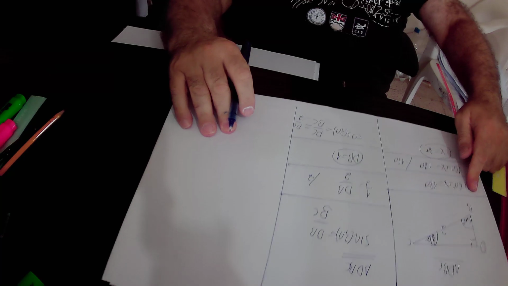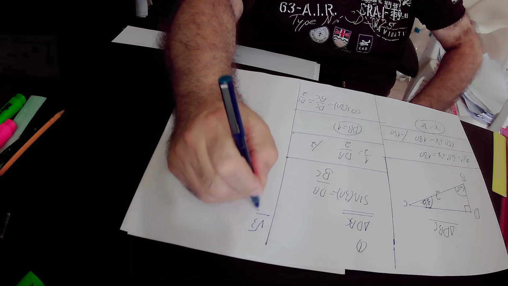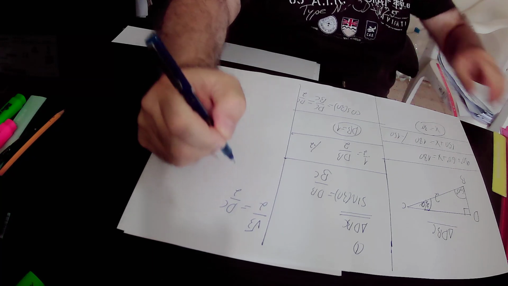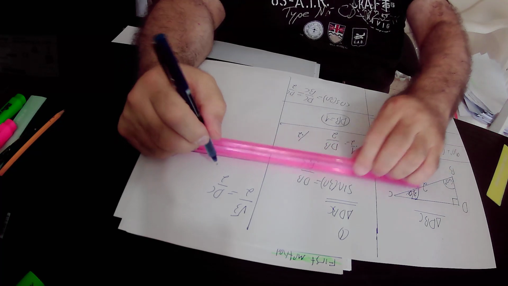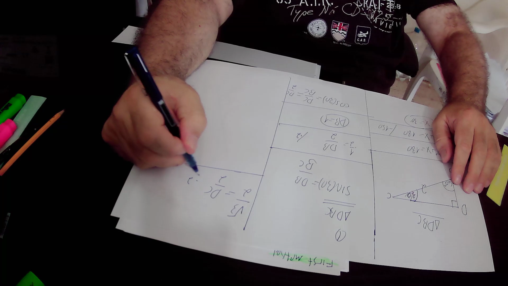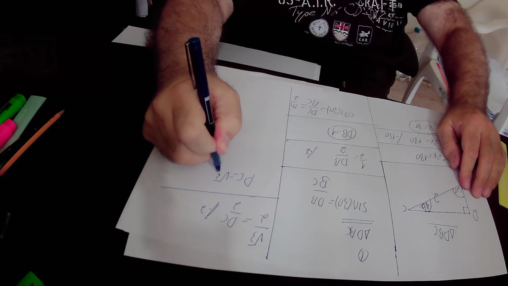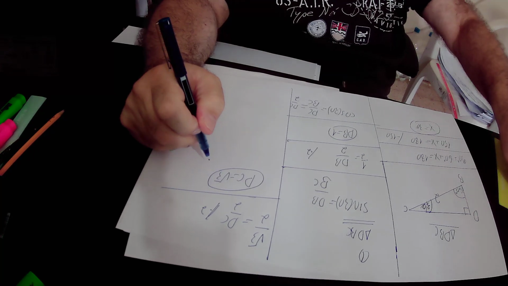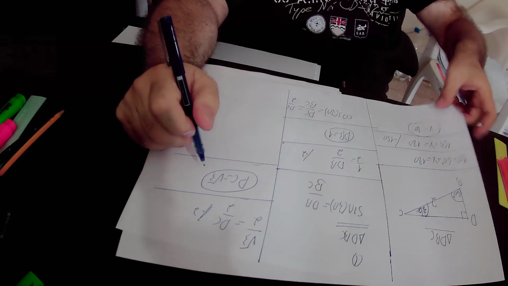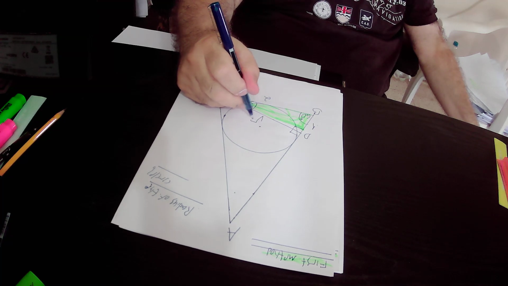Cosine 30 degrees is square root of 3 over 2, and it is equal to DC over 2. We multiply this equation by 2, and we get that DC equals the square root of 3 units.